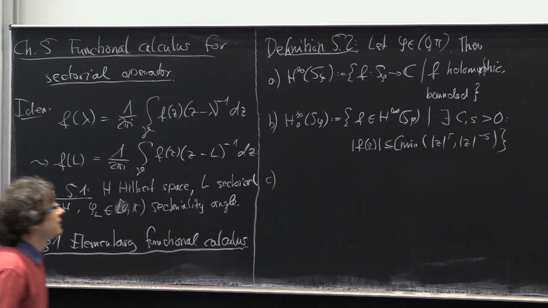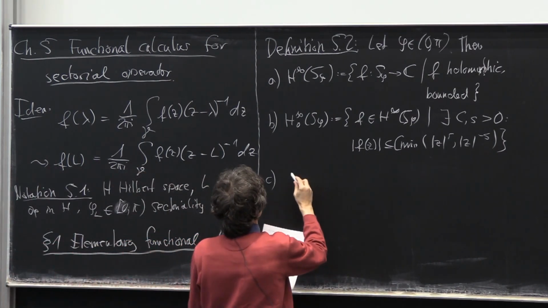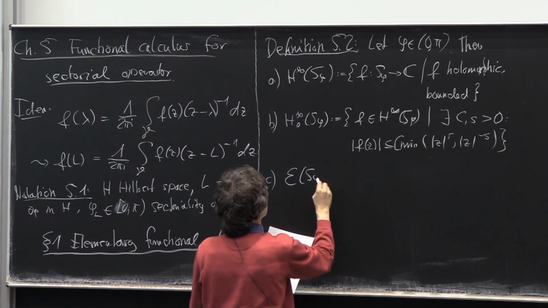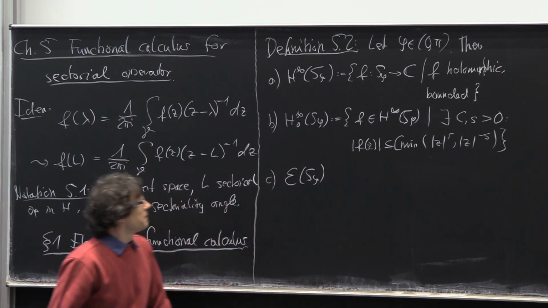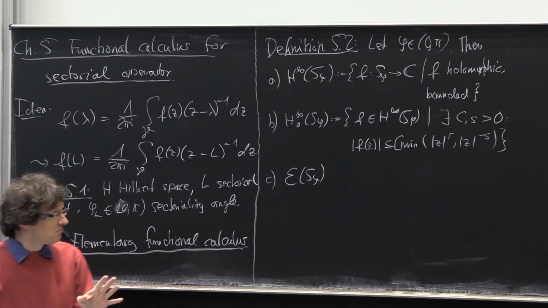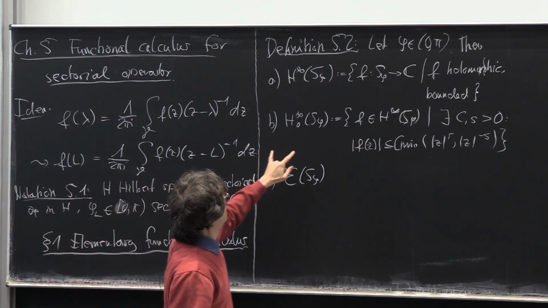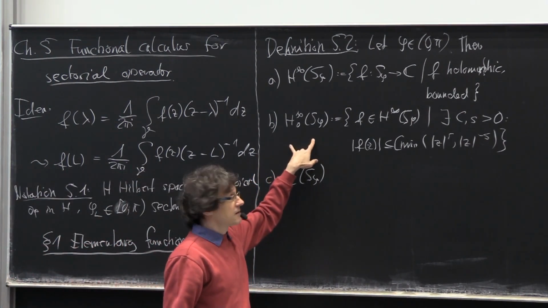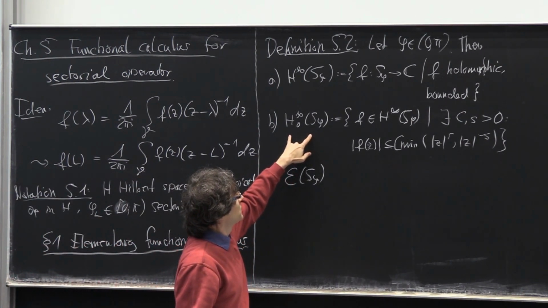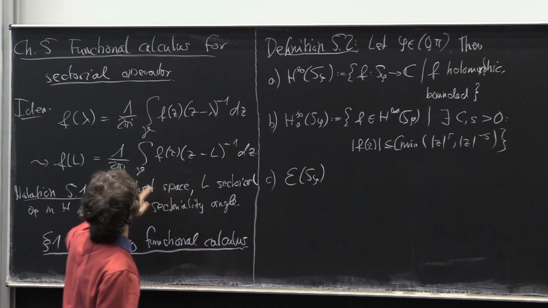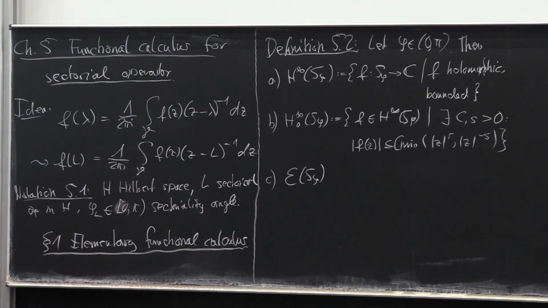Okay. And then there is the so-called Dunford-Riesz class, which slightly enlarges this space. So this is the space where we will define the functional calculus by the Cauchy integral formula.